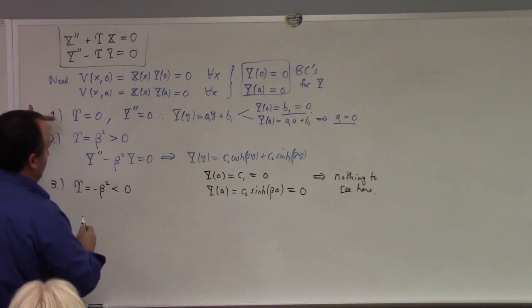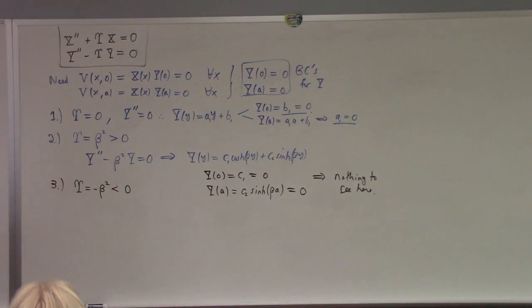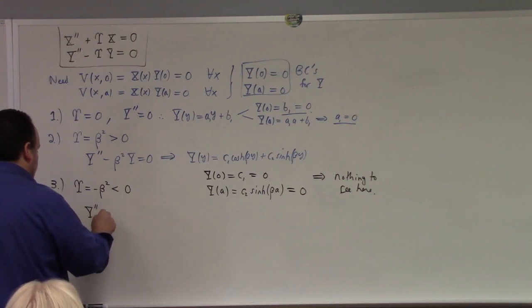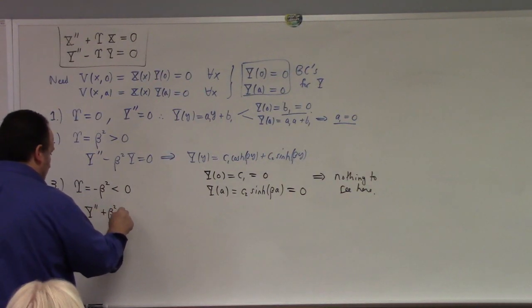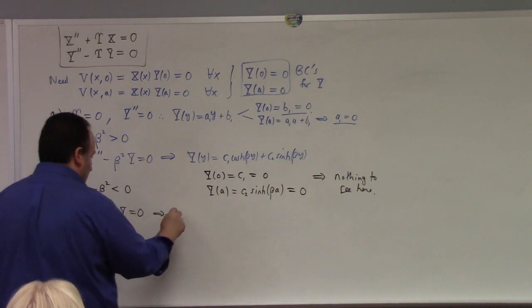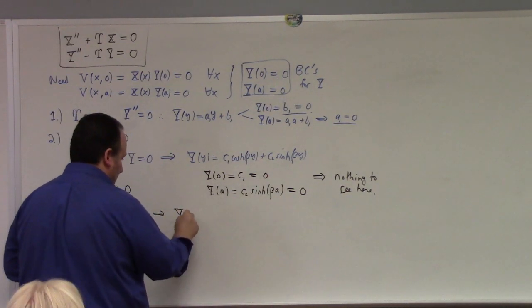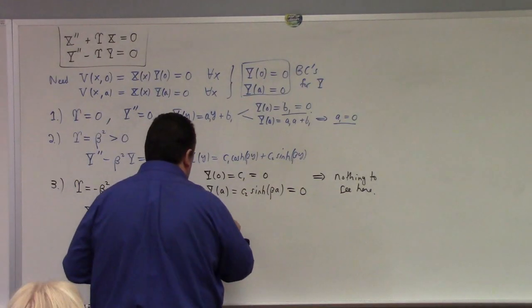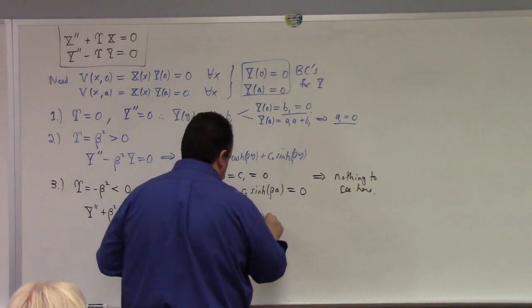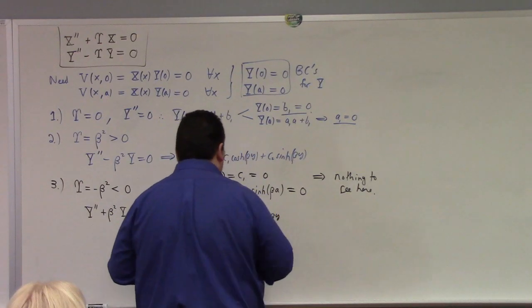So it's either 0, positive, or negative. If it's negative, we can write it as minus beta squared. And if we do that, then we're up against y prime prime plus beta squared y equals 0, which tells me that y of y is c1 cos beta y plus c2 sine beta y. All right?